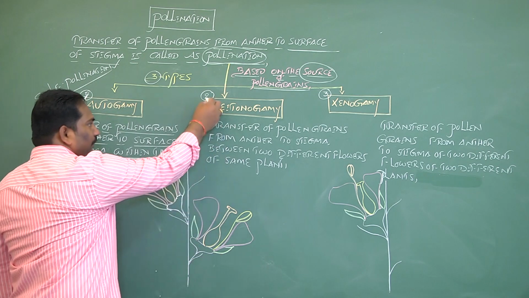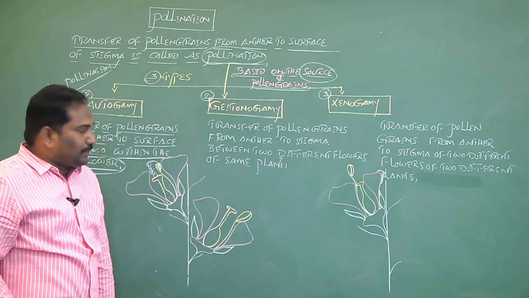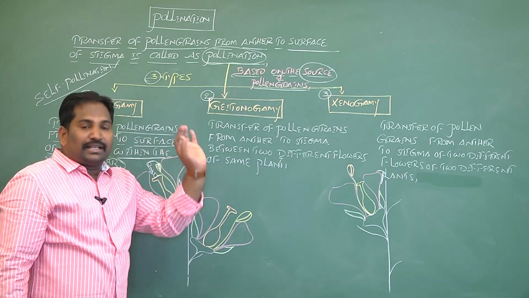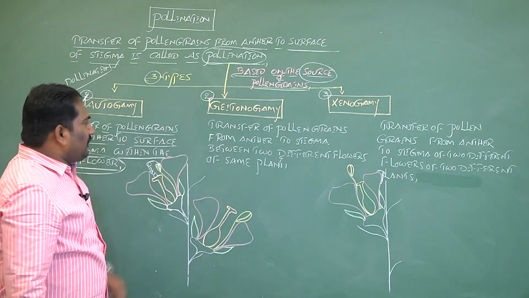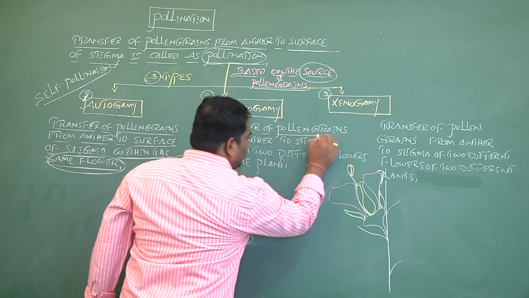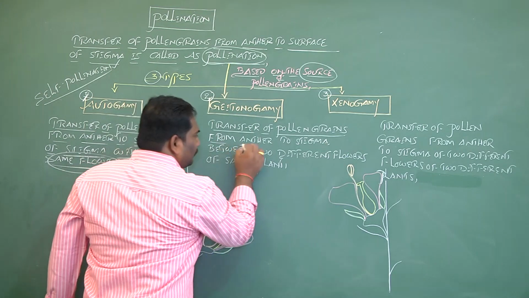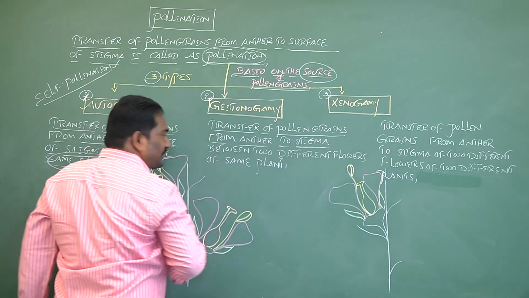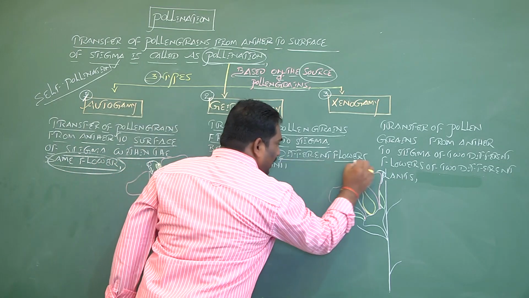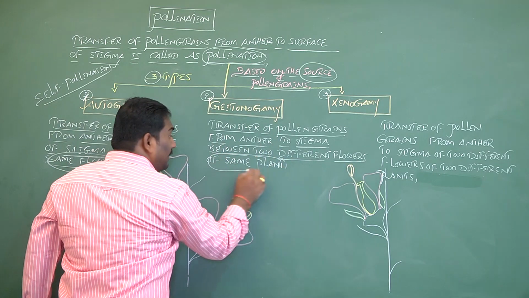The second type of pollination in flowering plants is geitonogamy. Geitonogamy means the transfer of pollen grains from anthers to the surface of stigma between 2 different flowers of the same plant.